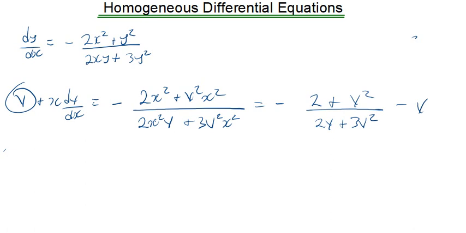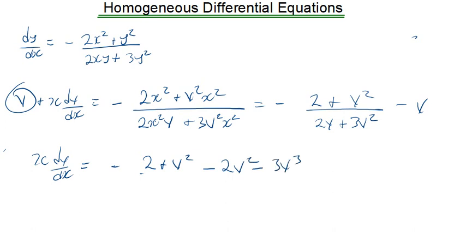So you have x dv dx equals minus 2 plus v squared, minus 2v squared minus 3v to the power 3, divided by 2v plus 3v squared.